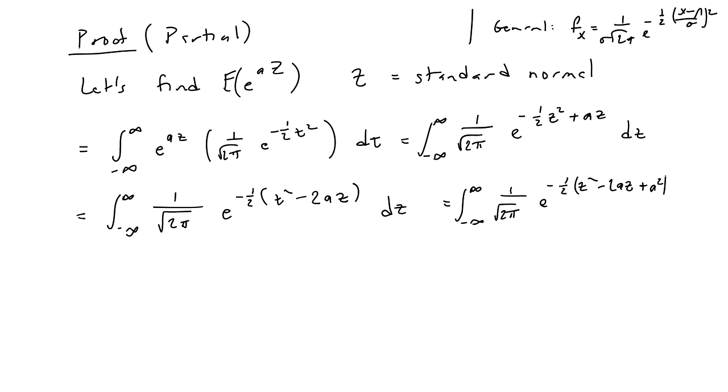I have to then subtract it, but that's minus 1/2, so I'm going to do plus 1/2 a squared. So that way I haven't changed anything. But now what's in the parentheses is now a square.